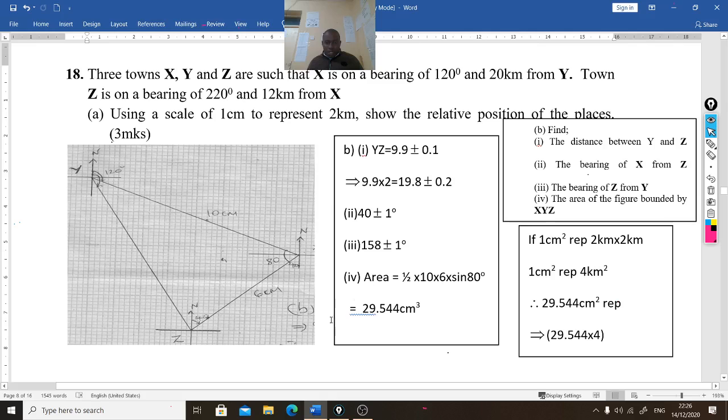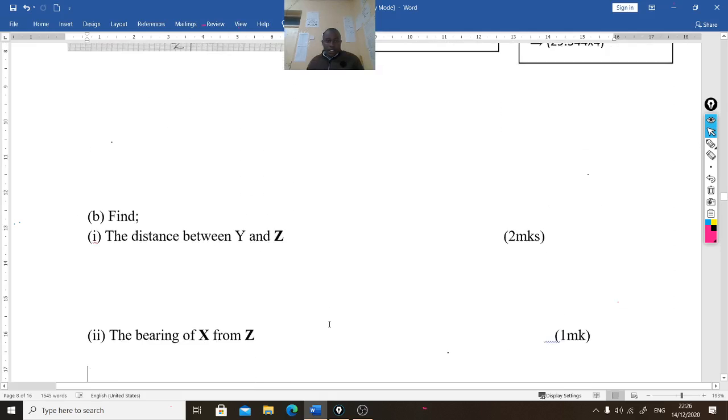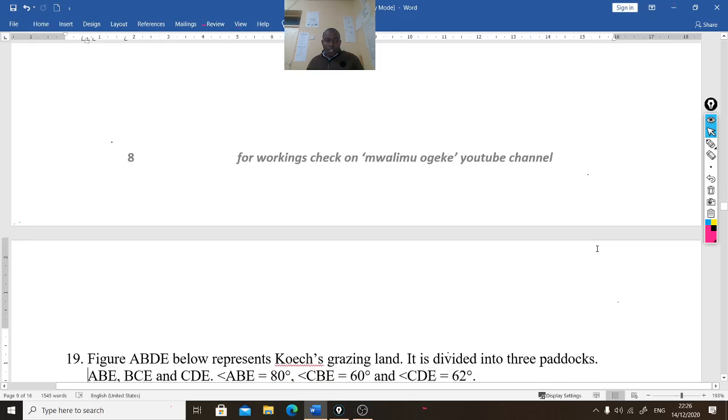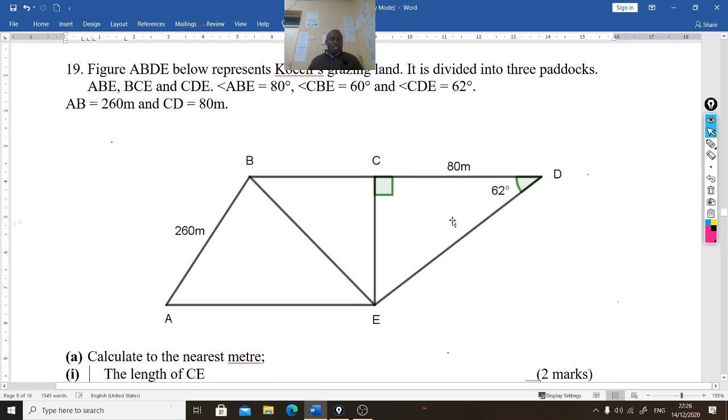Let us do question number 19. It was carrying 2 marks, 1 mark, 1 mark, 3 marks, and calculate the area. We are dealing with the figure ABDE below, which represents cohesive grazing land. It is divided into 3 paddocks: ABE, BCE, and CDE.